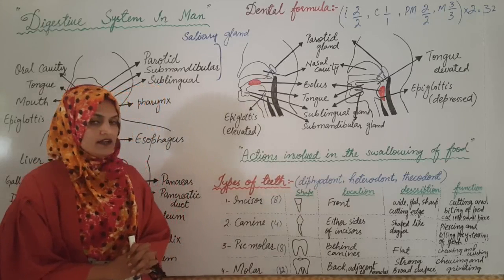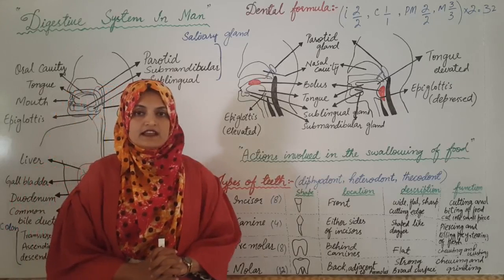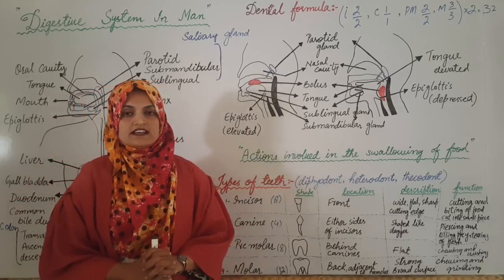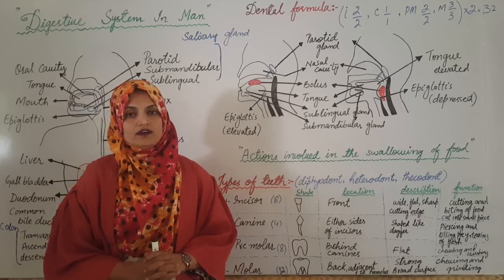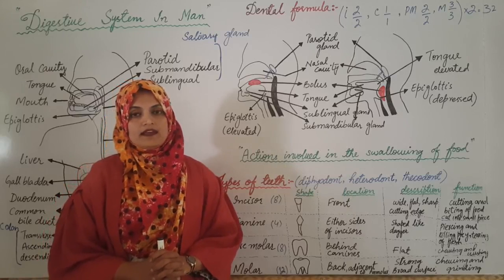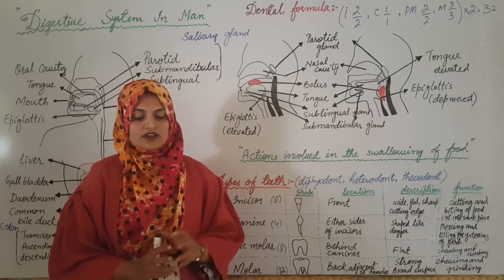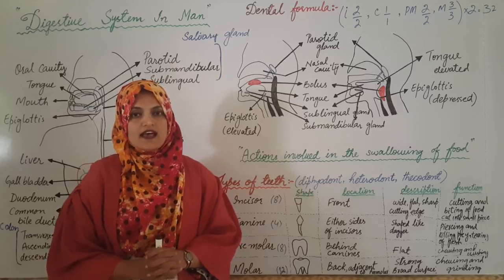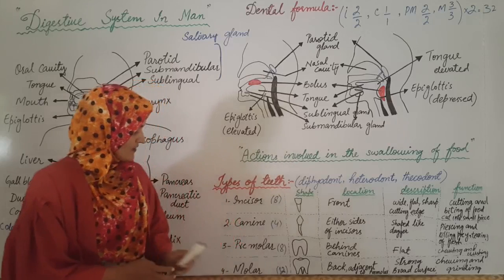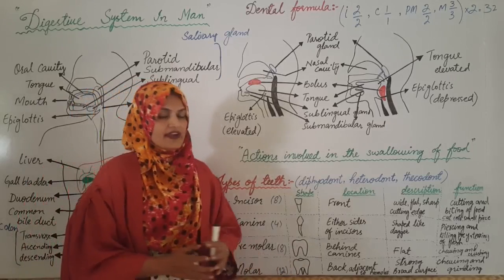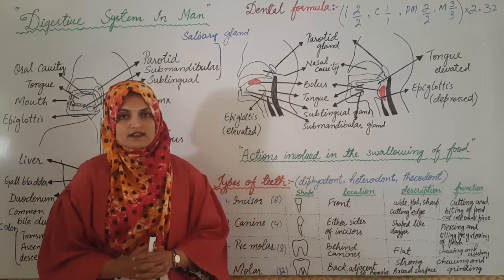While molars are present in 12 in number just behind the premolars, and they help in crushing and grinding the food because of their broad surface. They have 3 roots, so they are the strongest teeth.